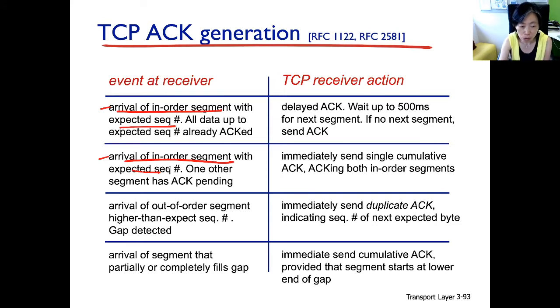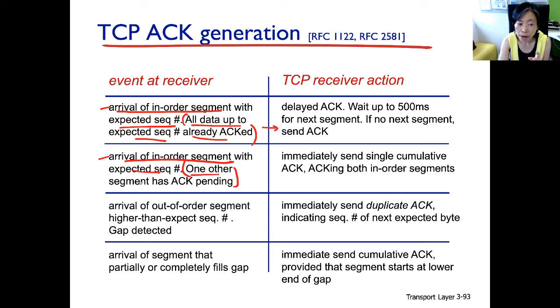But at the TCP's receiver, how we send the ACK back depends on the second condition here. So in event number 1, when all data up to the expected sequence number are already ACKed, then we do one thing.